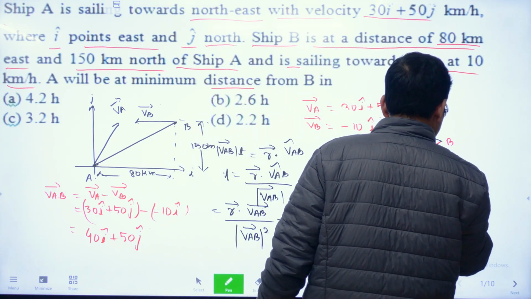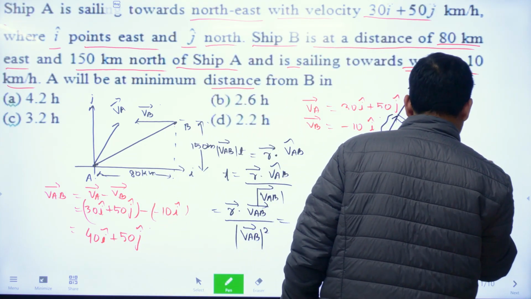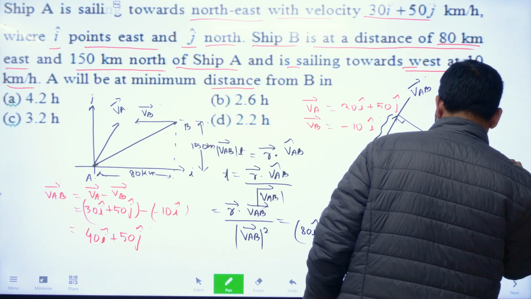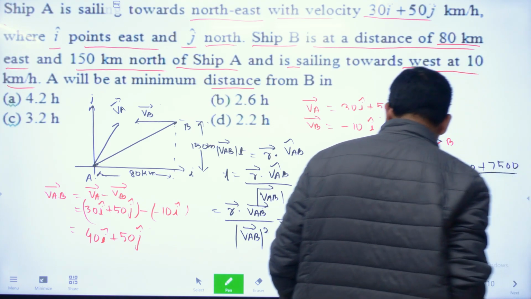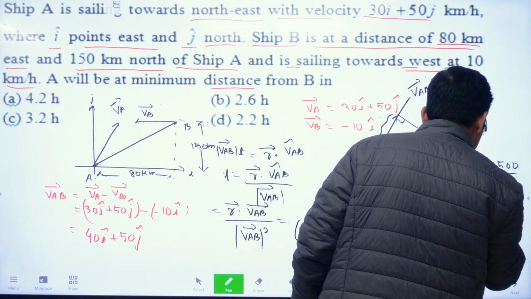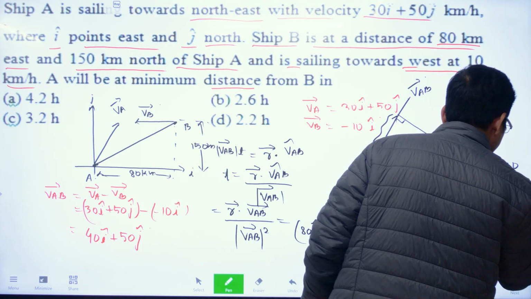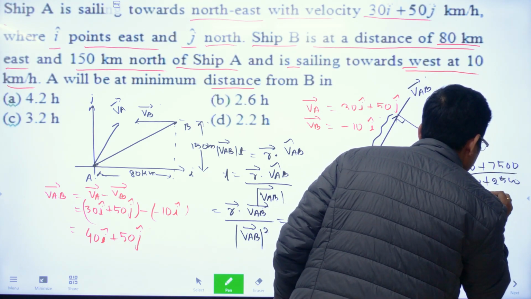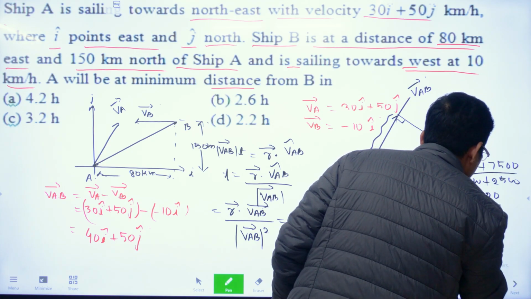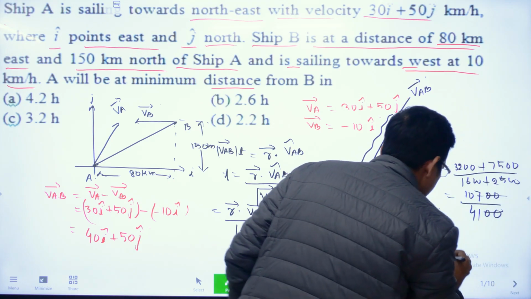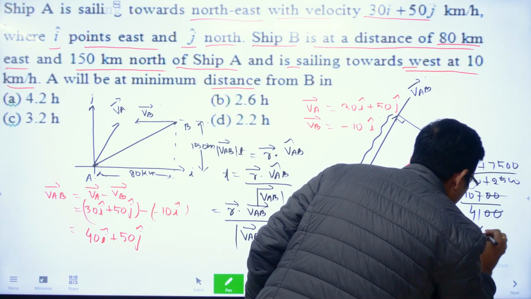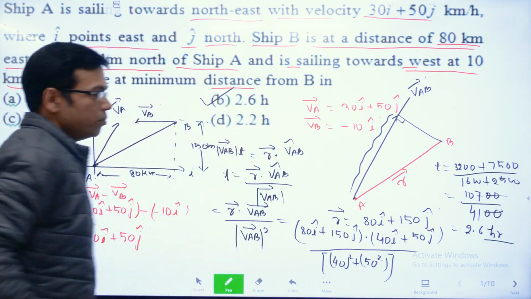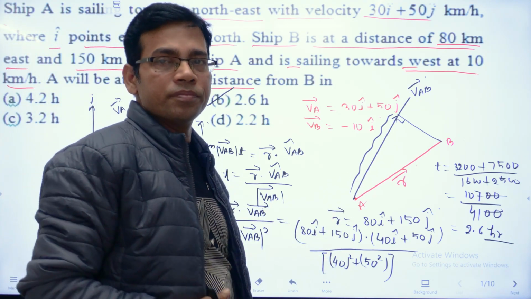So we get time t is equal to 3200 plus 7500 divided by 1600 plus 2500, which is equal to 10700 divided by 4100. So this comes to approximately 2.6 hours. So the answer will be B. B will be the right answer of this problem.